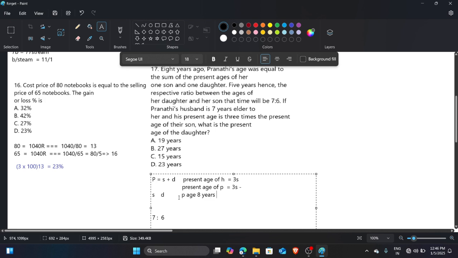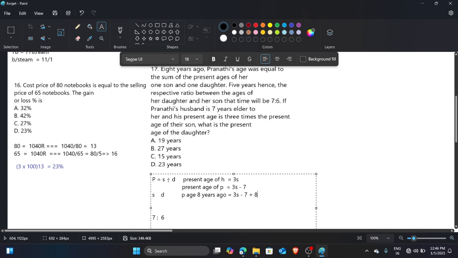If my English is bad, then I'm so sorry for this. What is the mistake here? The 7 is here. It's nothing but 3s minus 7 plus 8.